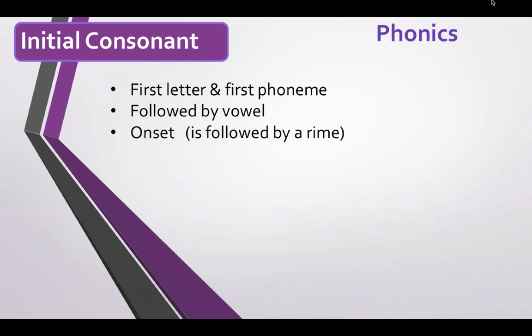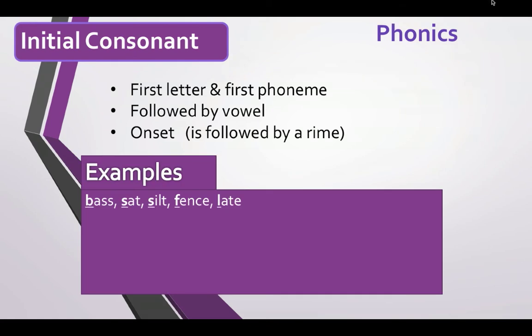So previously we talked about onset and rhyme. So the onset is a consonant followed by a vowel sound, the rhyme, in the rest of the word. So these are a few examples of that idea. So bass, sat, silt, they all start with a consonant, and the rhyme follows beginning with a vowel.